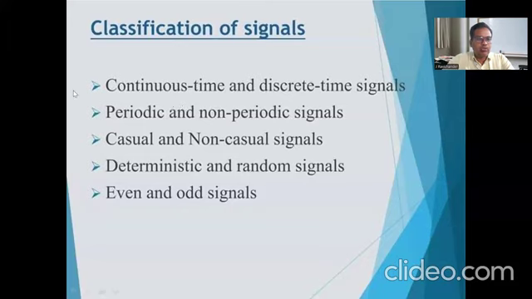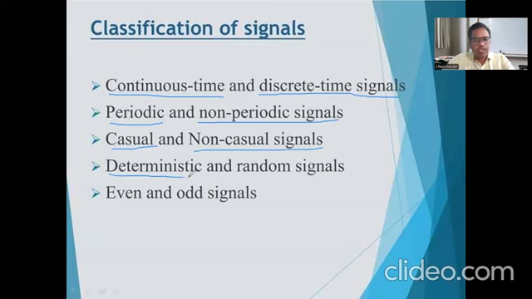The first one is continuous time and discrete time signals, then periodic and non-periodic signals, causal and non-causal signals, deterministic and non-deterministic signals, and even and odd signals. These are the different categories of signals. Signals can be classified into different types based on their characteristics.